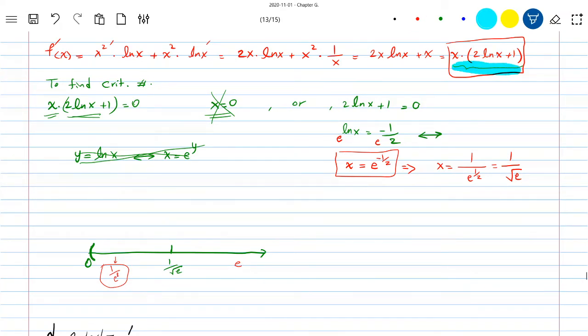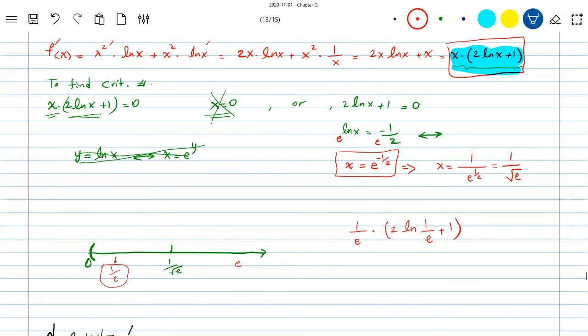What do we get? Replacing it here, what we get is 2 times ln of, I should write it. You can pick 1 divided by e as well. 1 divided by e times 2 ln 1 divided by e plus 1.